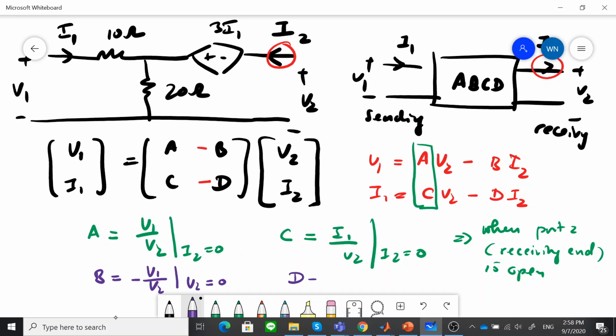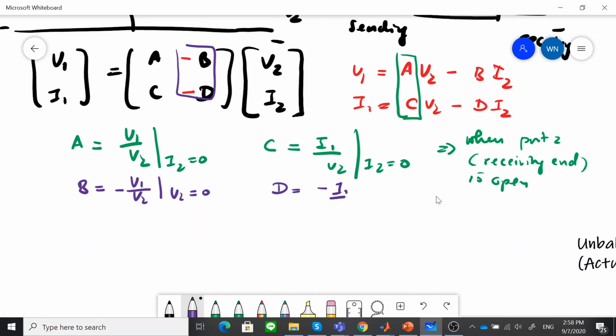And the D, this column here, the D would be the ratio of negative I1 divided by V2 when V2 is 0, right? When V2 is 0, correct?